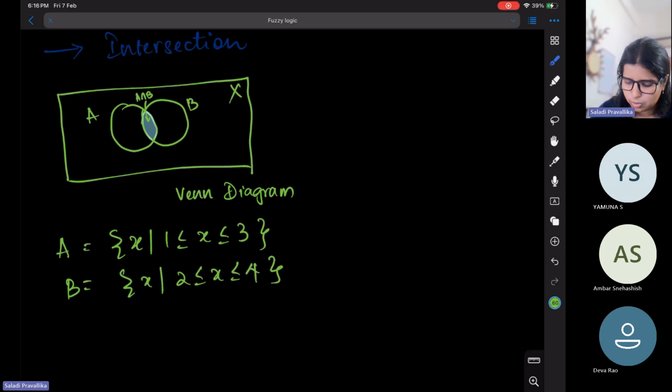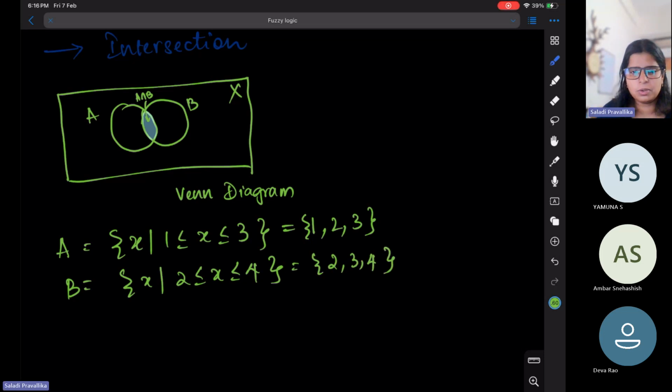If we were to write it as a set, A equals 1, 2, and 3, B equals 2, 3, and 4. The common elements between A and B are 2 and 3. So A intersection B is equal to 2 and 3. That is how we do intersection for a classical set.